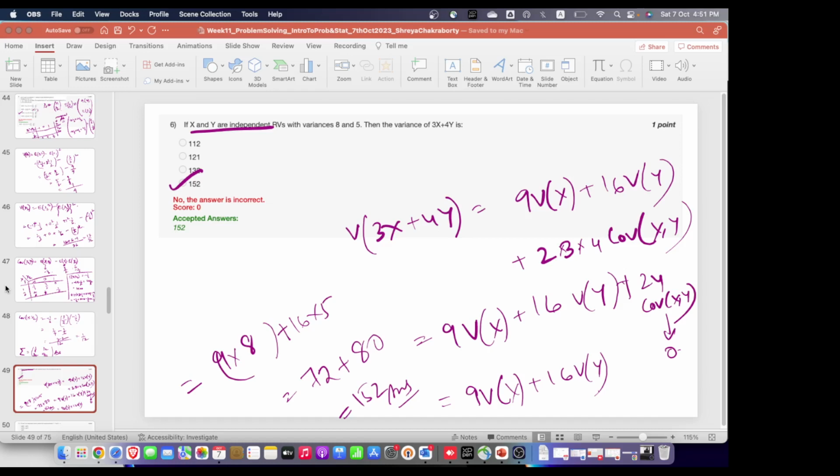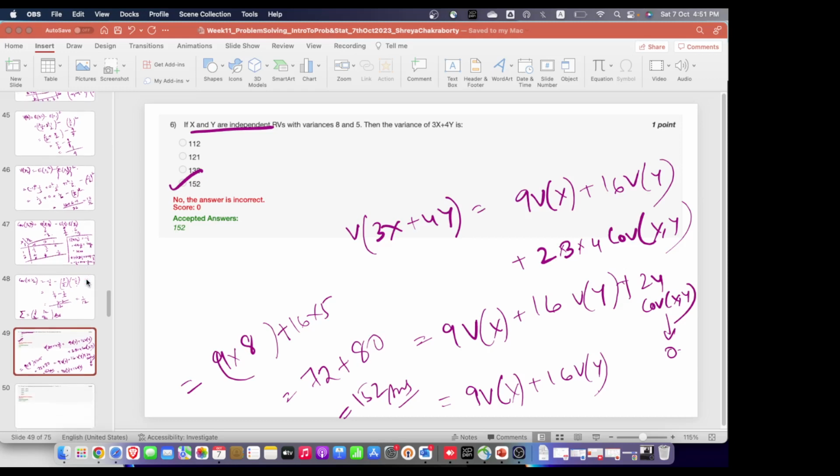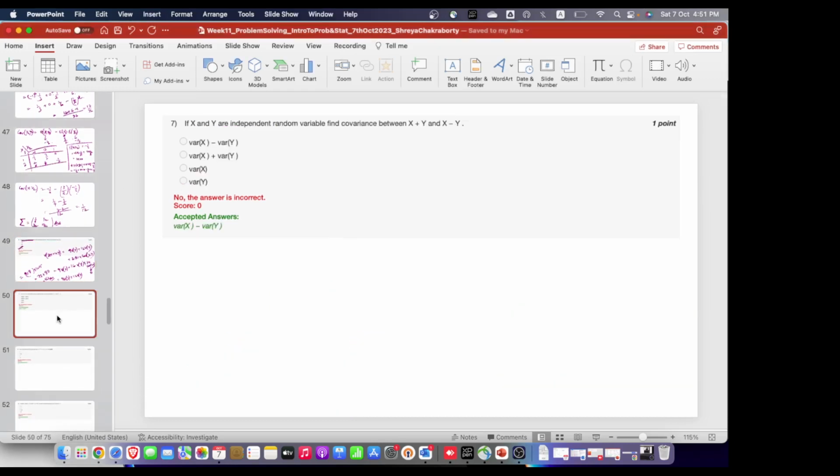Alright, we'll move on to the next one. Okay, so similarly, if x and y are independent, we have to find the covariance between x plus y and x minus y. We'll write it in a similar fashion.